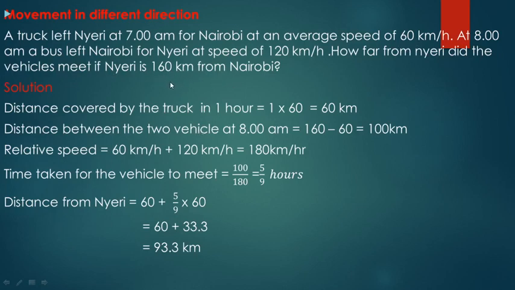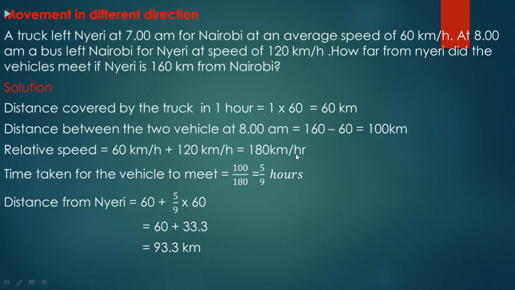Now, the first thing you think of, remember, this one started 1 hour later. So the distance covered by the truck in 1 hour before the bus started is 1 hour times the speed, 60 kilometers per hour, which gives you 60 kilometers. Now the remaining distance for them to meet is 160 kilometers minus the 60 kilometers that it has moved already, which gives you 100 kilometers.